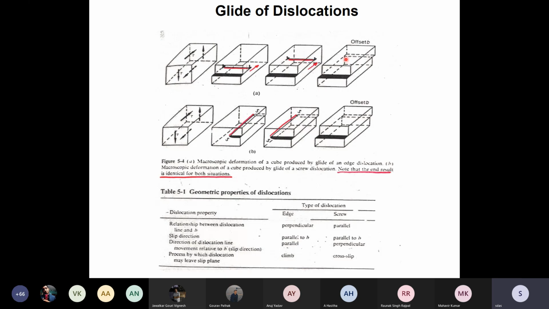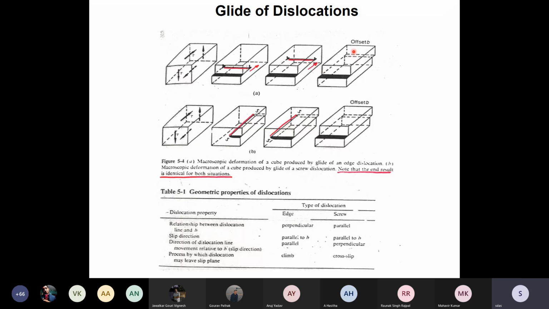So when the dislocation line reaches the end of the crystal, it creates an offset. You take a deck of cards, push a few cards, slide a few with respect to the rest of the cards, they will create an offset. So the magnitude of this offset will be the same as one Burgers vector magnitude. So if you move 10 edge dislocations along the slip plane, and all of them reach the end of that crystal, the amount of offset created will be 10 times the Burgers vector.